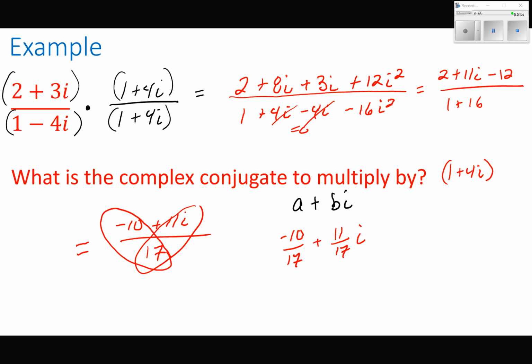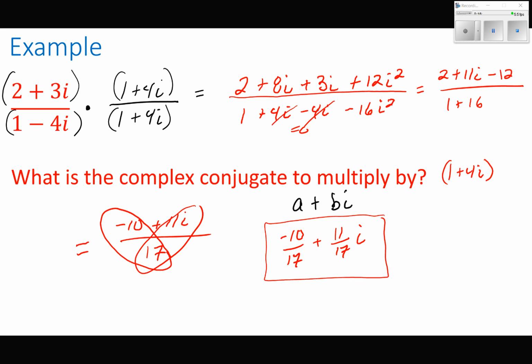So I went all the way down into that. And if it's one that you can simplify, like if you got 10 over 2 or something like that, we could simplify that to be 5. So look at your fractions, see if you can simplify those. These ones we cannot. Negative 10 over 17 stays as that, and 11 over 17 stays as 11 over 17.